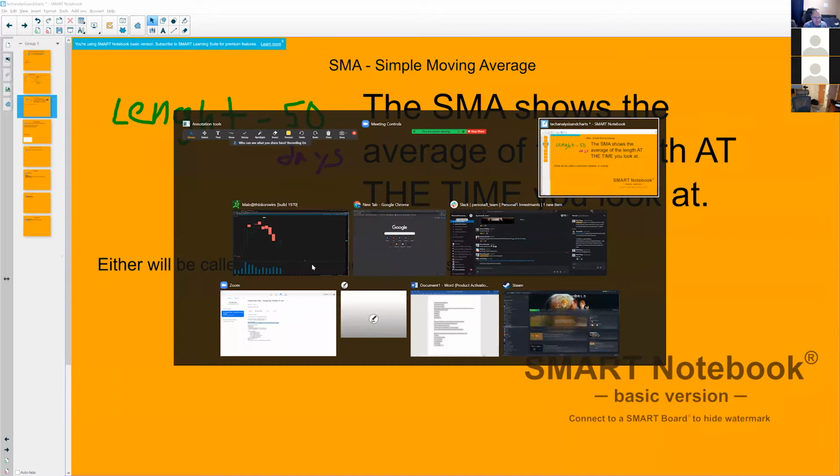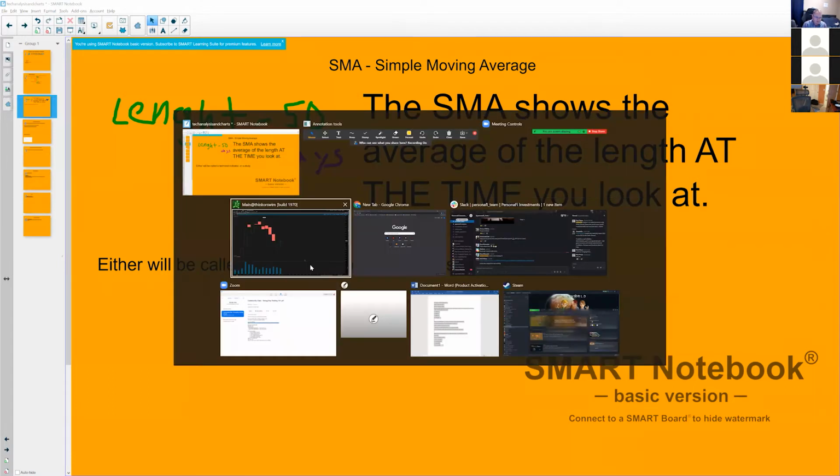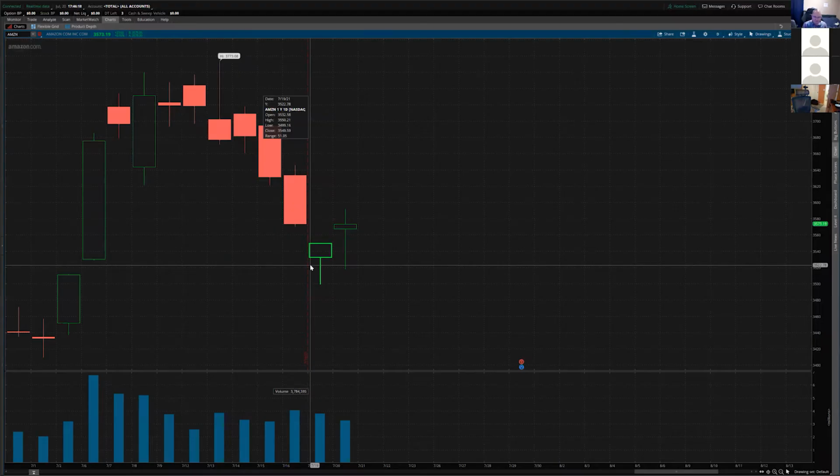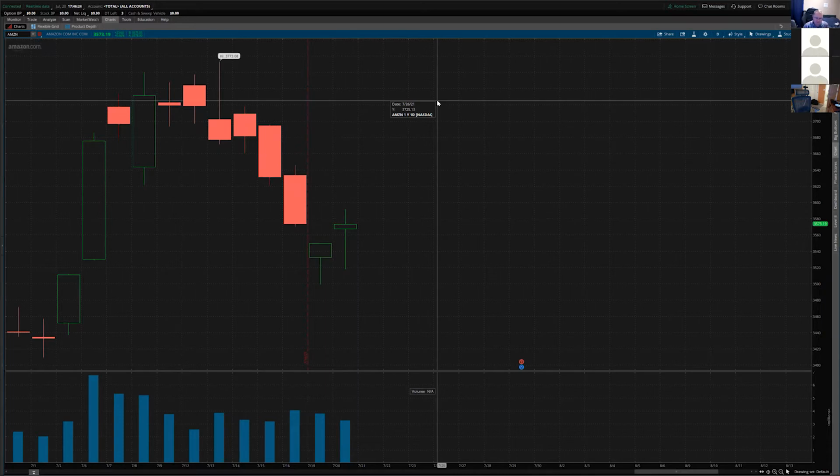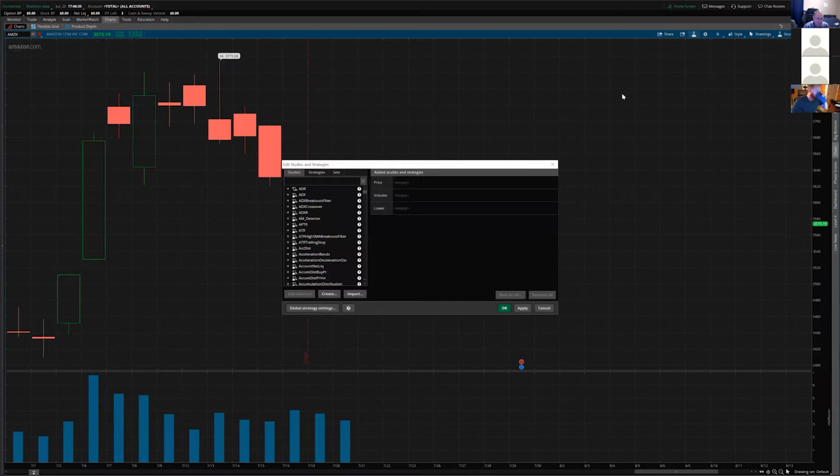If you have another broker on the computer, there are technical indicators, and I know Webull for mobile has them too, but I'm just going to show you how to do it on Thinkorswim. What you're going to do is click this little beaker. Oops, that's edit, sorry.